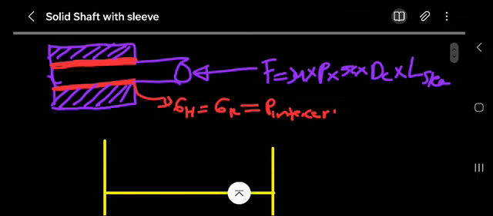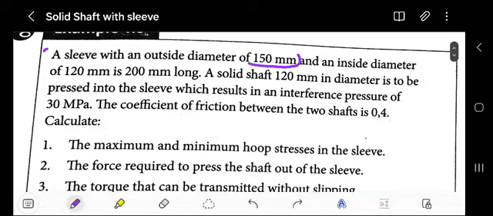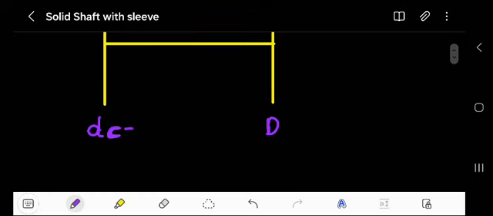The common diameter we have been given: the outside is 150, the common diameter is 120. So we've been given these diameters. The common diameter, 120, is the same as 0.12 meter, and 150 is 0.15 meter.